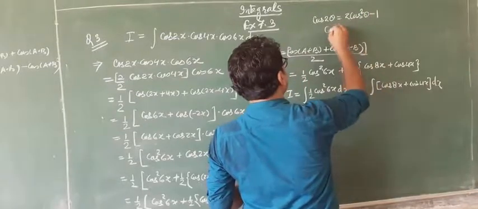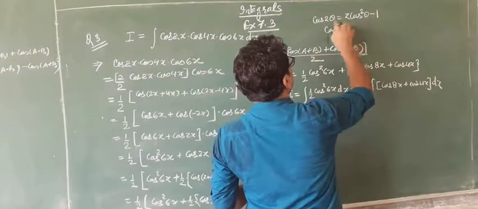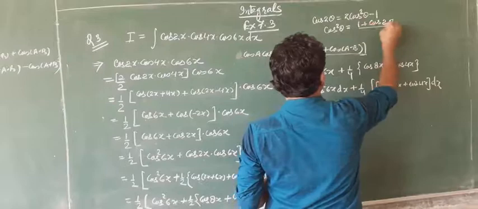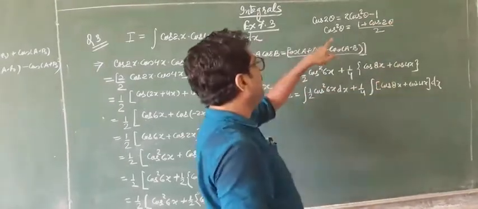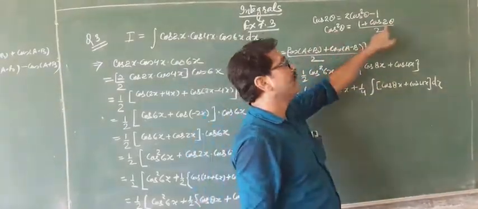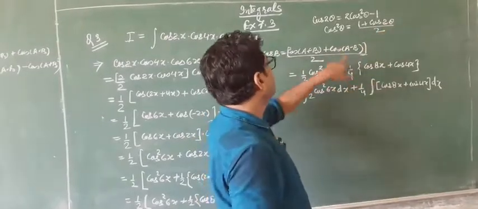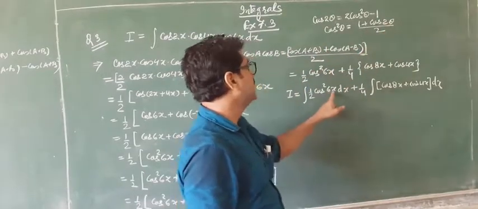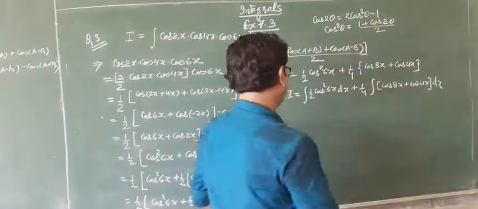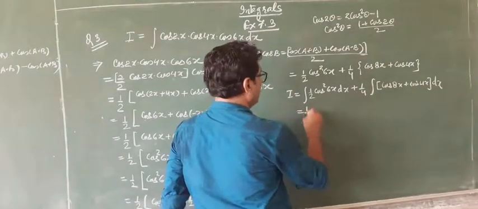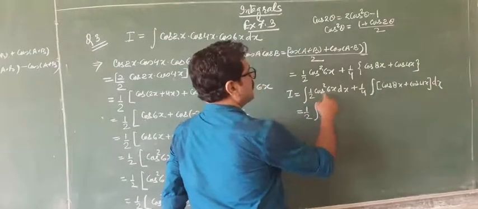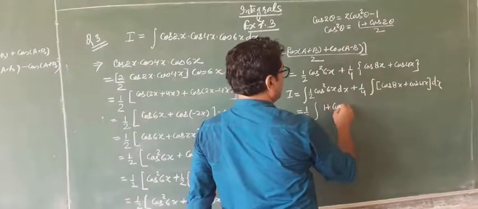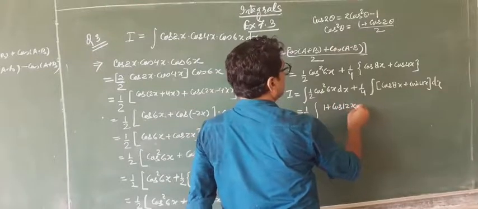So cos square theta is equal to 1 plus cos of 2 theta by 2. So we can replace the square term by a single term. Here is theta, so we use 2 theta; here it is 6x, so it becomes 12x. This is 1 by 2, and we change cos square 6x as 1 plus cos of 12x by 2.